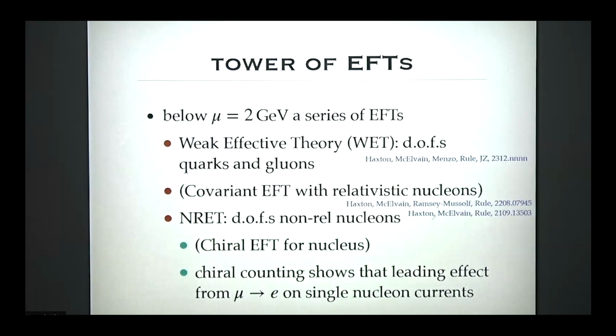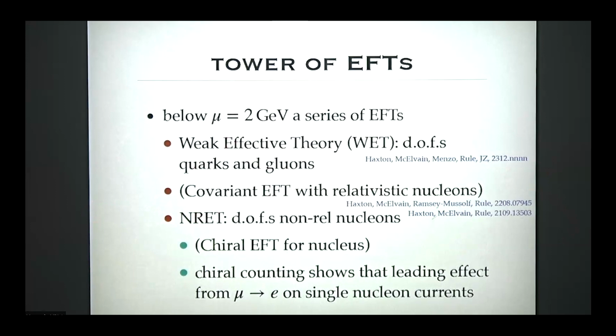So we'll start with weak effective theory. The degrees of freedom are quarks and gluons. This is what's done in this paper. And then the rest, I will just repeat what Wick and company did in the last 2 years. So they go through a covariant EFT with relativistic nucleons. This is not necessary, just for their convenience.